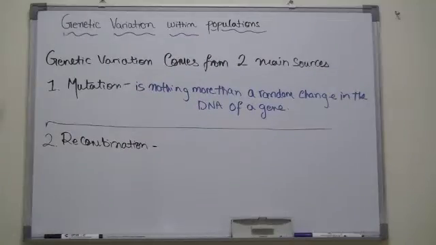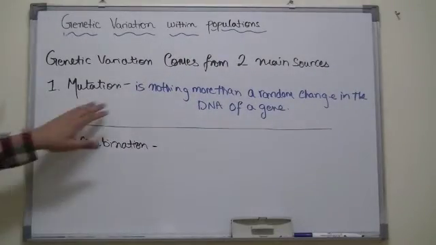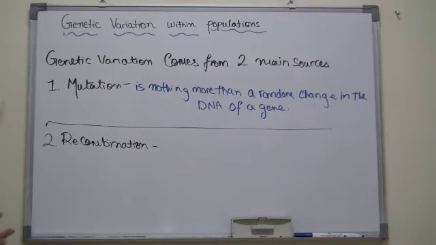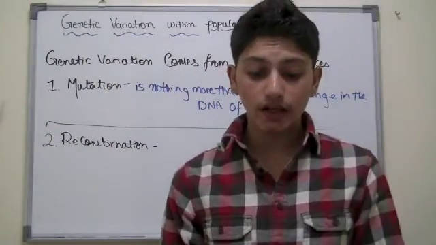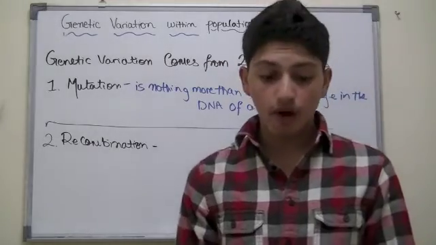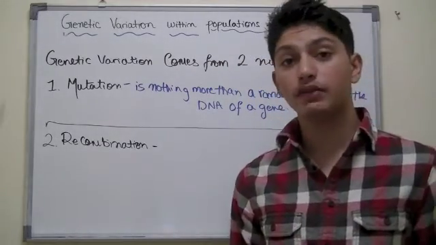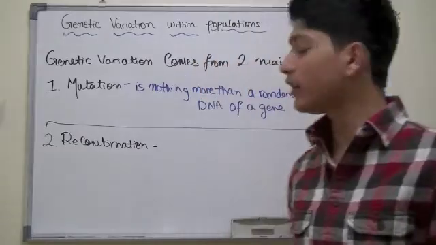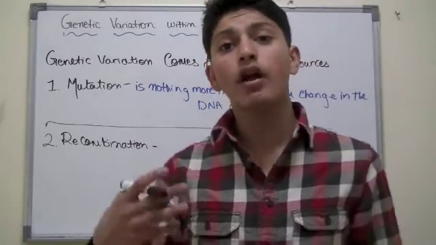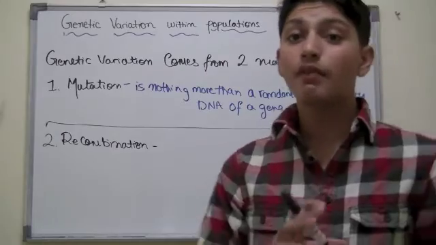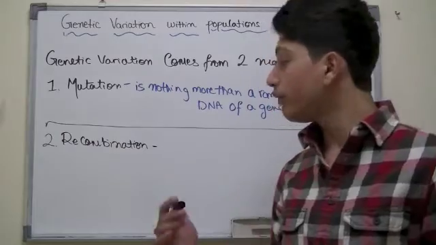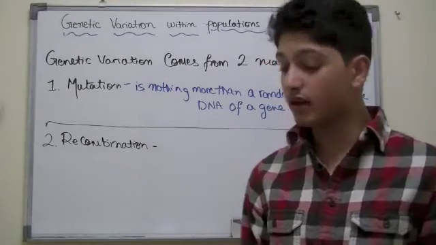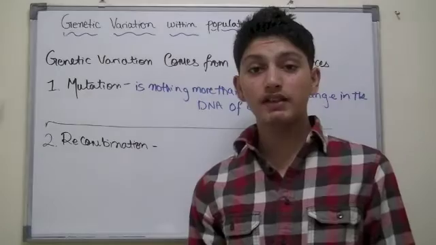Recombination, as you know, is nothing more than a random change in the DNA of a gene. So now we come across what a recombination is. A new allele is a combination in the form of offspring through the process called recombination. And you guys know this because in our previous videos we talked about meiosis and mitosis, but we only want to recall meiosis.